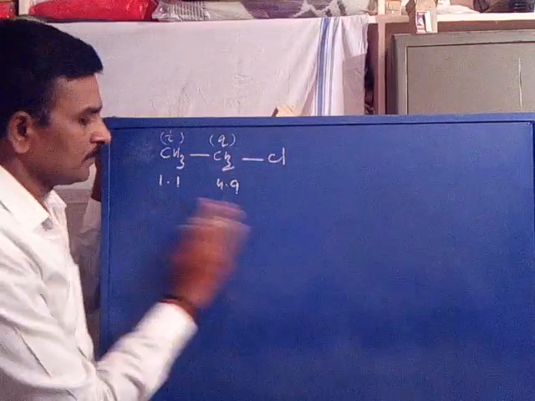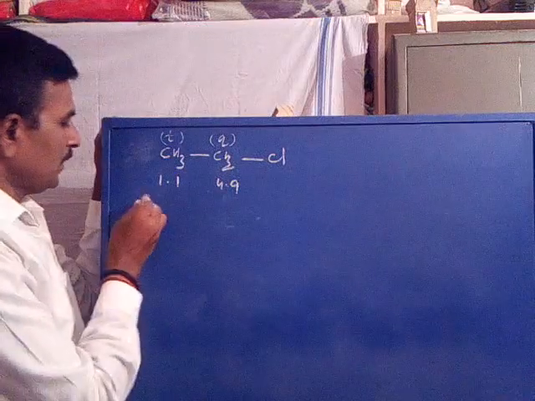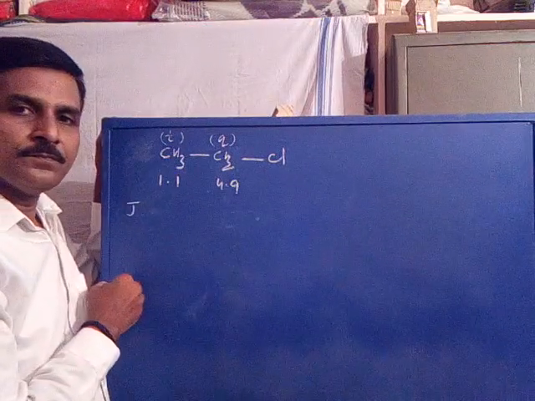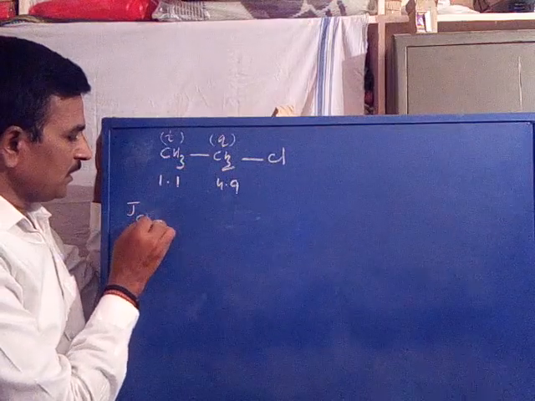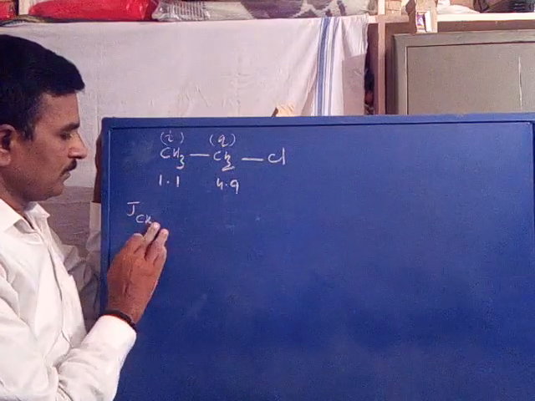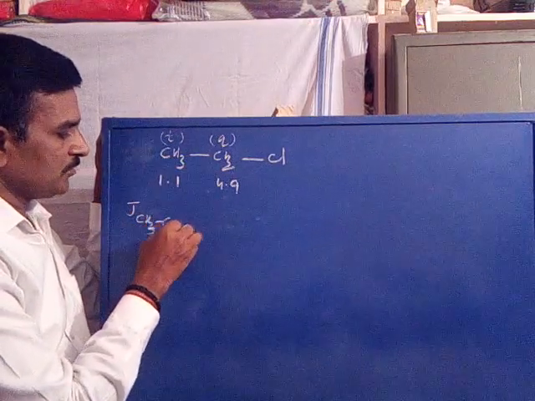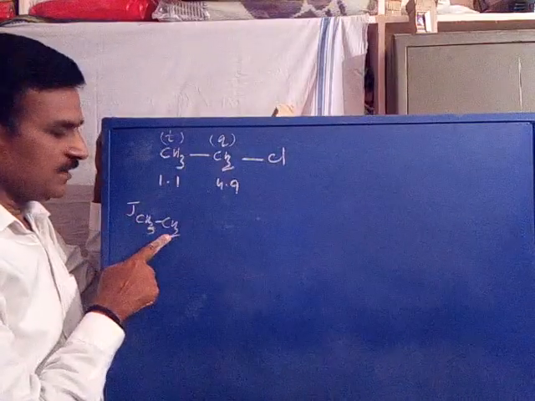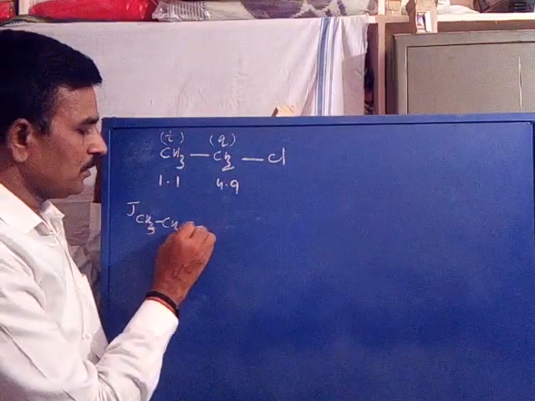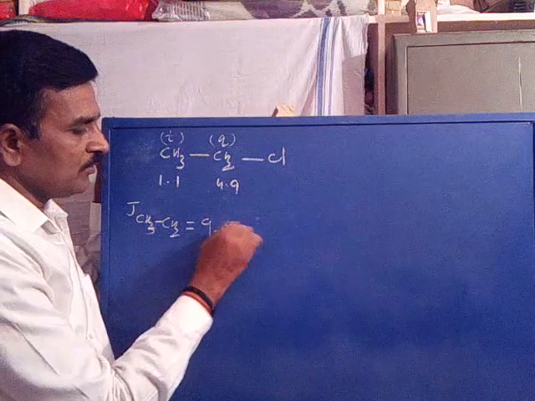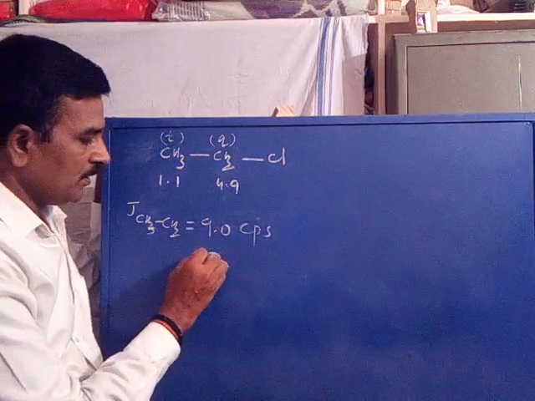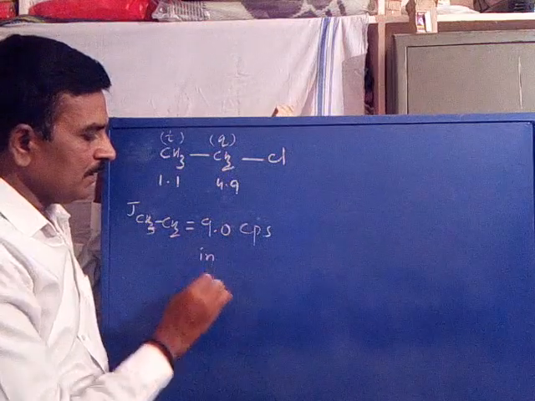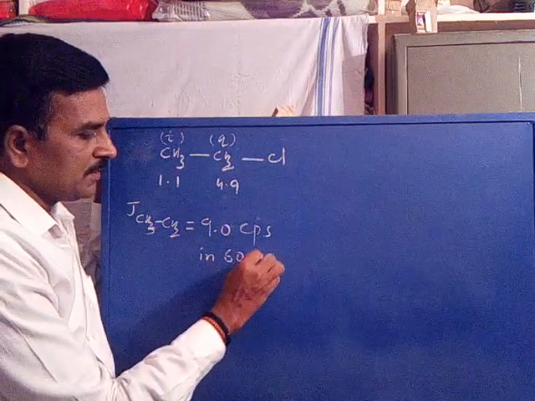Now the J value for the CH3 protons coupled with CH2 protons, J CH3-CH2, is equal to 9.0 CPS when recorded in a 60 megahertz instrument.